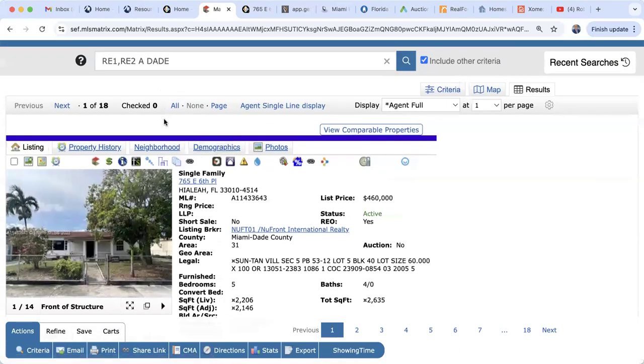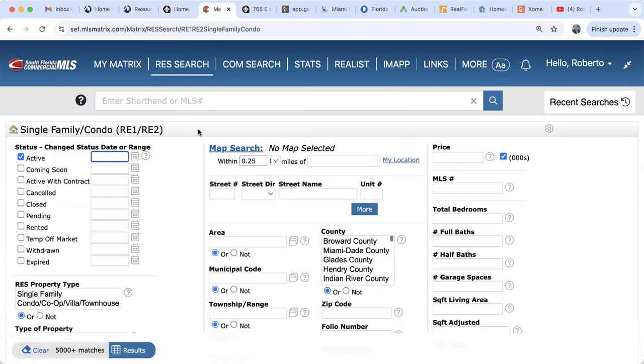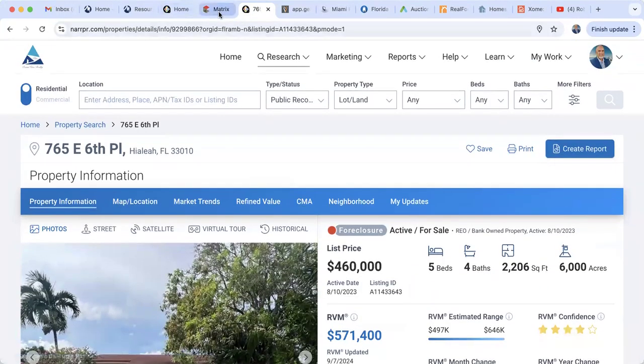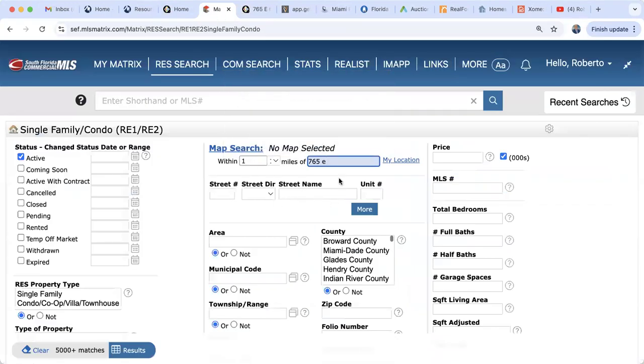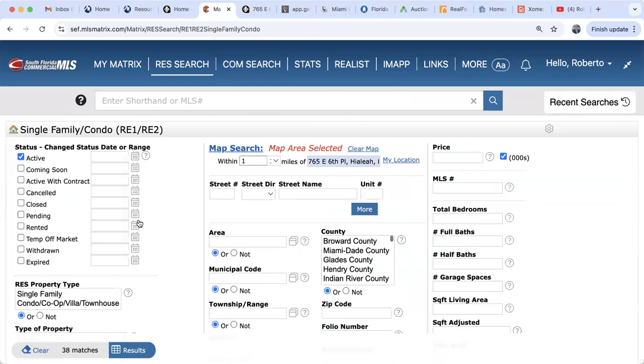So we're going to go ahead and run a new search, and we're going to do 1 mile from 765 East 6th Place. And there it is, okay? We got it. We're going to do active.